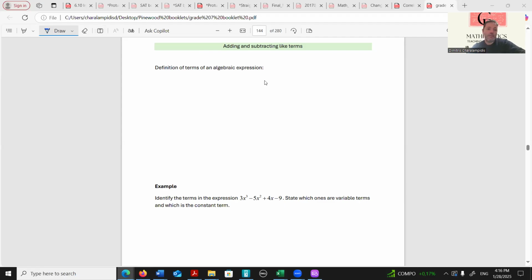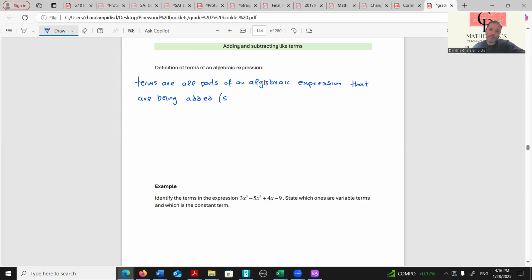In simple terms, simply speaking, terms are all parts of an algebraic expression that are being added or subtracted, because we should know that addition and subtraction are pretty much the same thing.